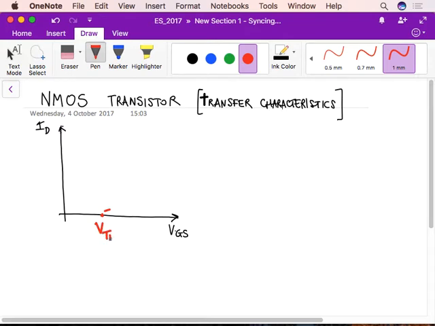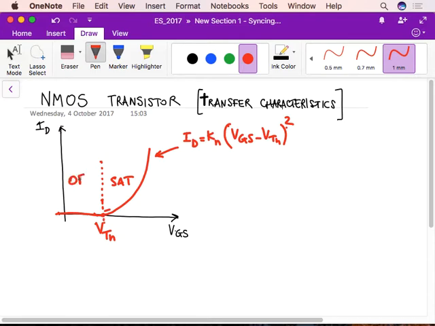So if this is VTN, for VGS smaller than VTN, the current is 0. And above, it goes up parabolically for a long transistor with the behavior that we know. ID is equal to Kn times (VGS minus VTN) to the power of 2. So this is the saturation condition, and this is the off state.